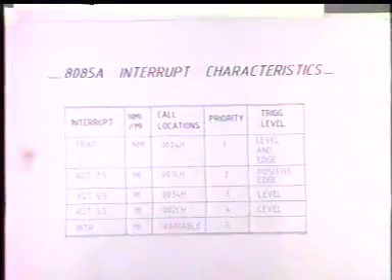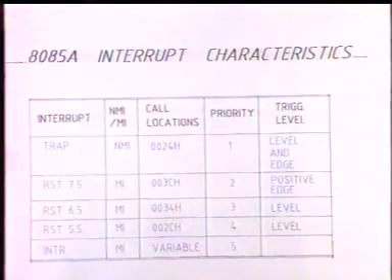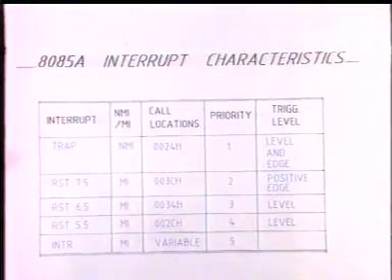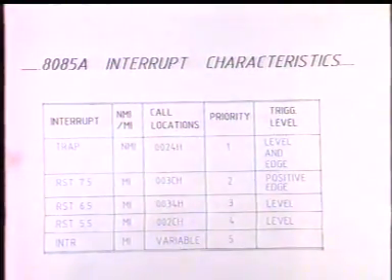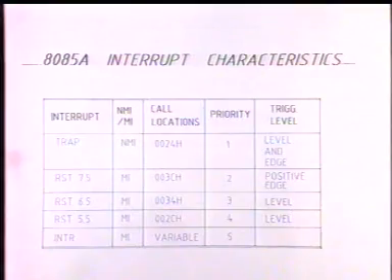Now, if we see the different interrupts allowed in 8085, the first is TRAP, and the second is RST 7.5, where RST is an abbreviation of the word restart. Then there is 6.5, then 5.5, and this is INTR, which is for the external device.